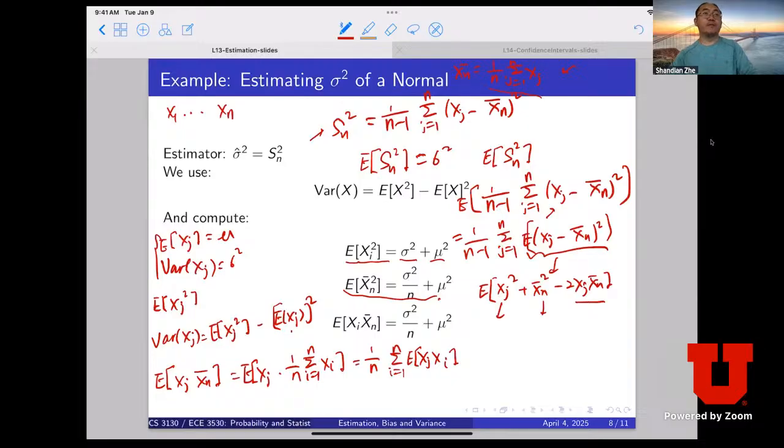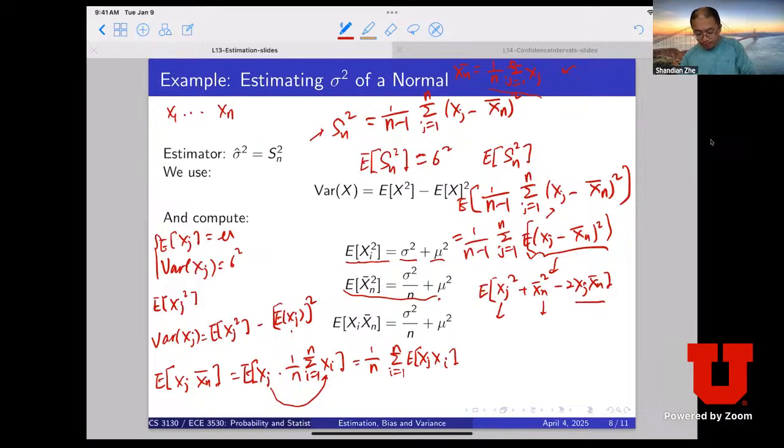Does it make sense? We just multiply xj inside the summation and then apply the linearity of the expectation. That means you apply expectation over each product, add them together and do the average.